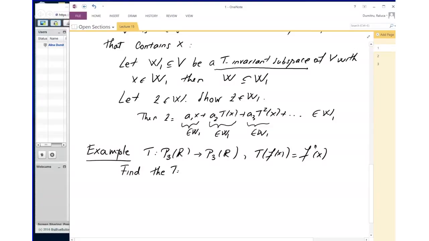Find the T-cyclic subspace of P3 of R generated by the element z equals the polynomial x cubed.